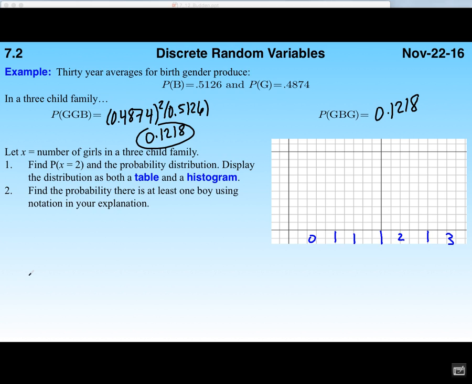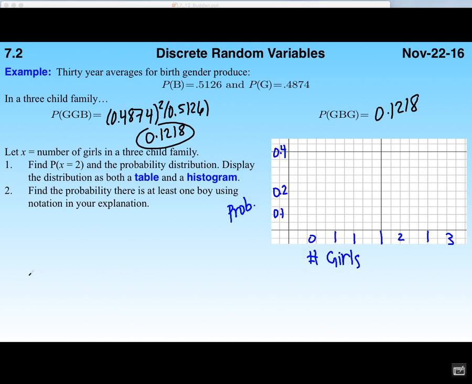Is that about even? Almost. Okay, so down here we're going to put the number of girls. Up here we're going to put the probability. We have to get up to 0.4. So let's do 0.2 here, 0.4 here, 0.1 is about there.